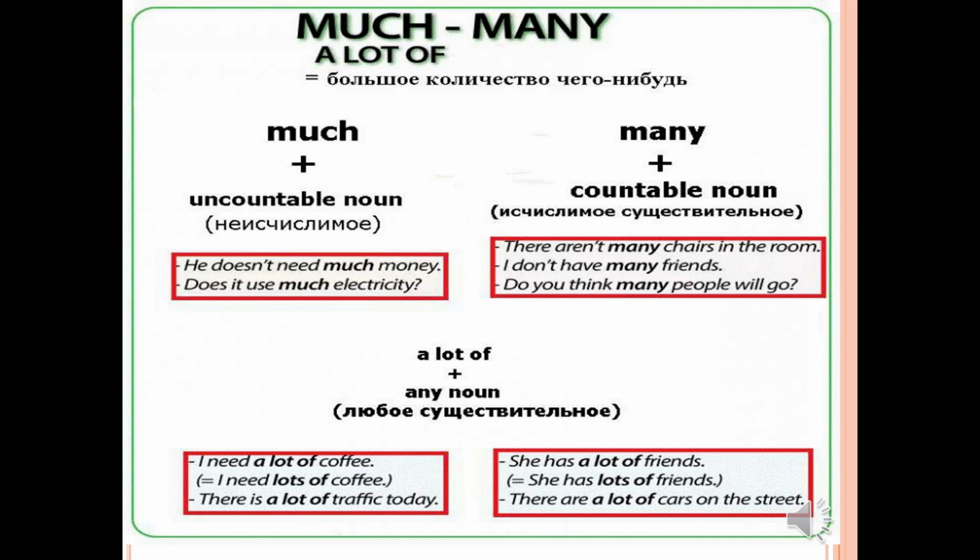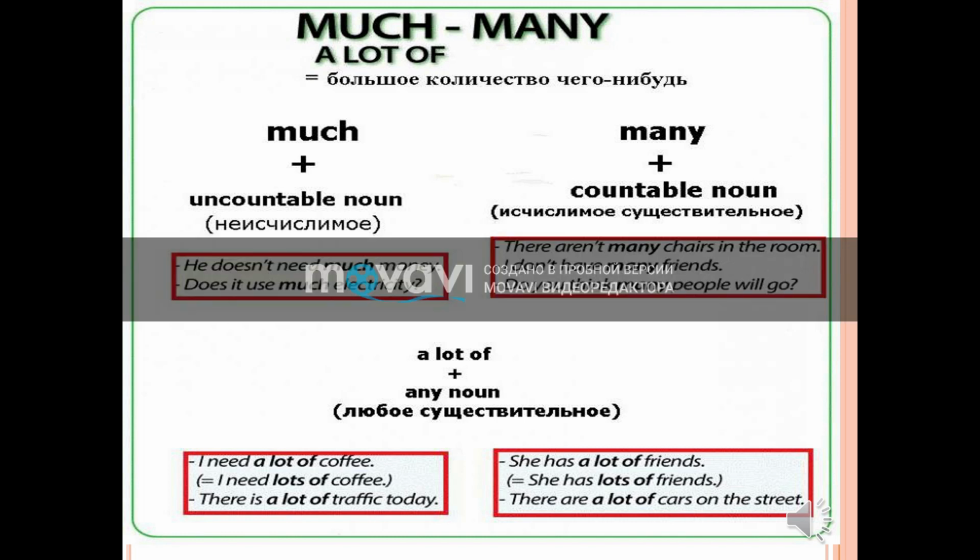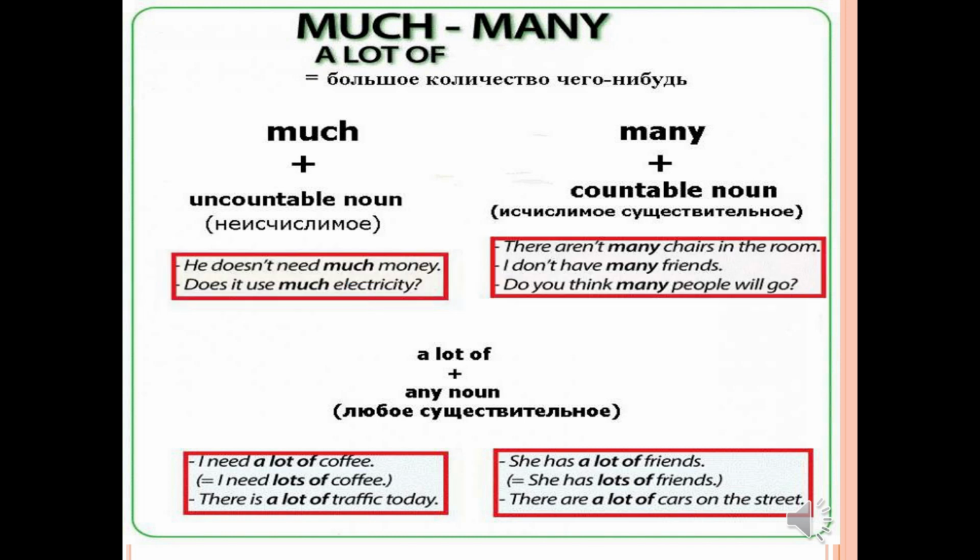Some exceptions though are drinks. If I'm in a restaurant and I ask for 2 coffees, well, I'm really asking for 2 cups of coffee. That's why I can say 2 coffees with the plural. If I ask for 2 sugars in my tea, well, we really know that I'm asking for 2 sachets or 2 cubes of sugar in my tea. So on their own, we can't use them as plurals.